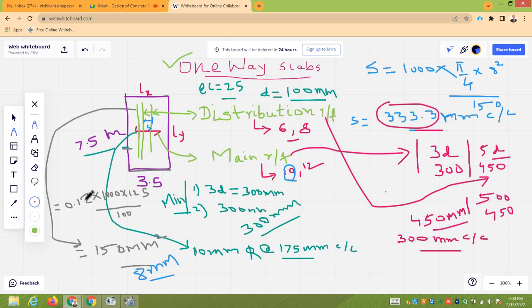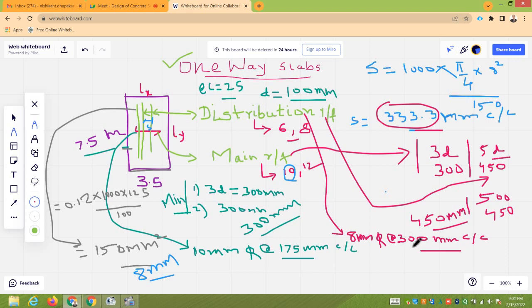So the distribution reinforcement you have provided is 8 mm dia bars at the rate of 300 millimeters center to center.